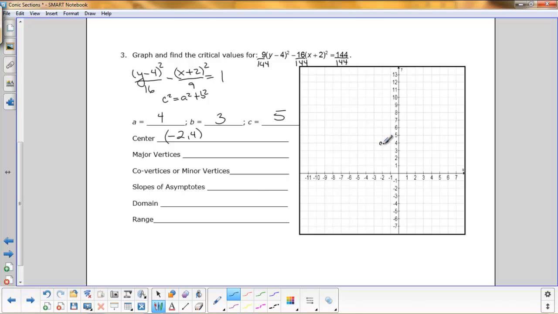-2, 4 is my center. The value of a is 4. A is associated with y, so I'll count up 1, 2, 3, 4, and down 4. B is associated with x, so I will count left and right 3 units, here and here. Draw my fundamental rectangle.